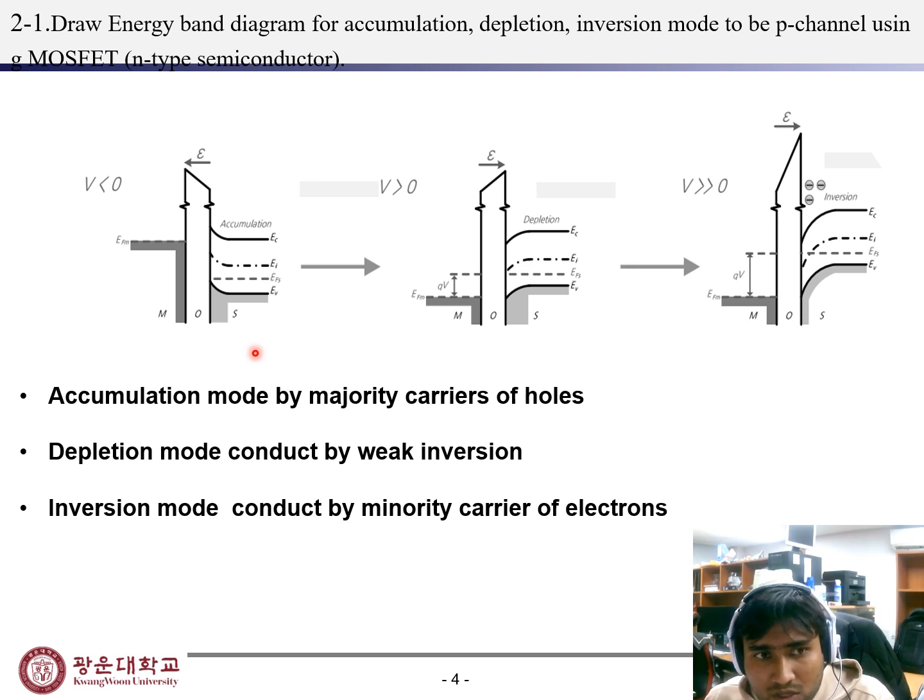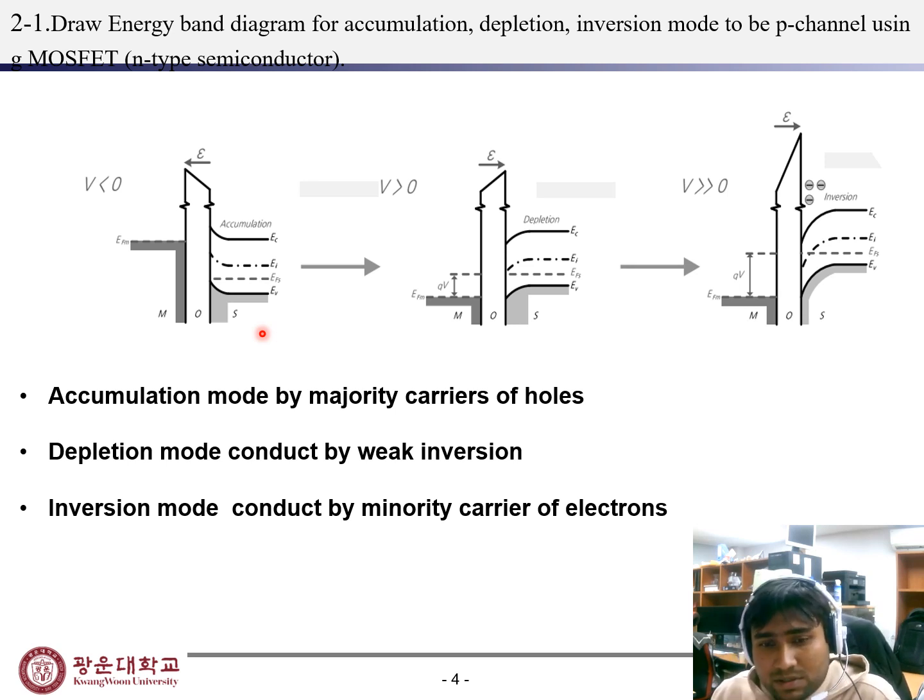Accumulation means when we apply positive bias to the gate and source, then the gate creates a positive charge, and at the silicon dioxide, another position creates a negative charge.